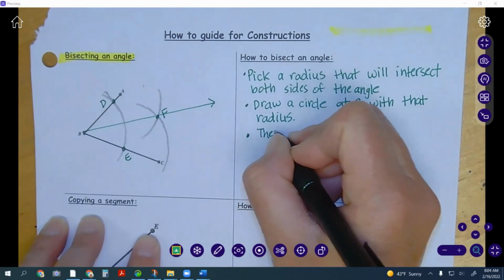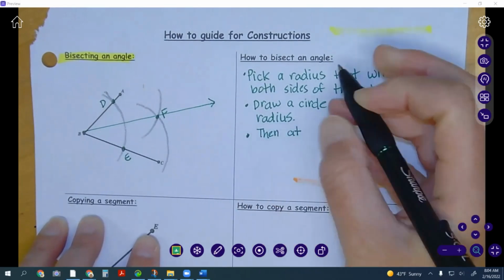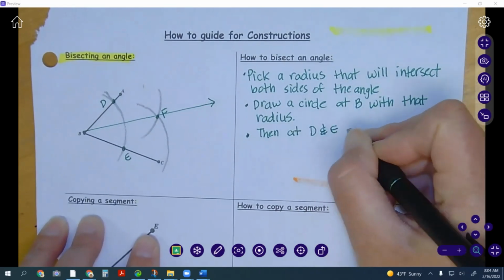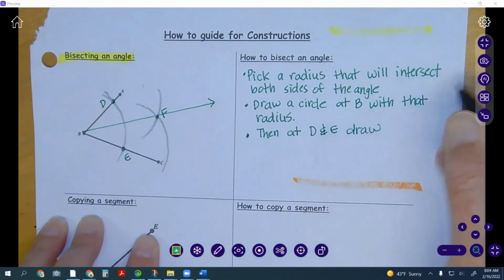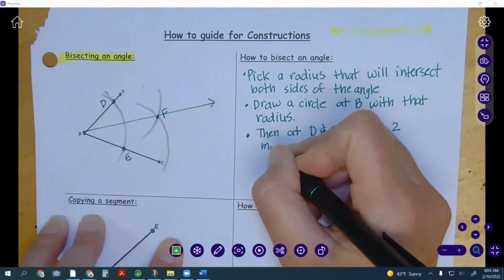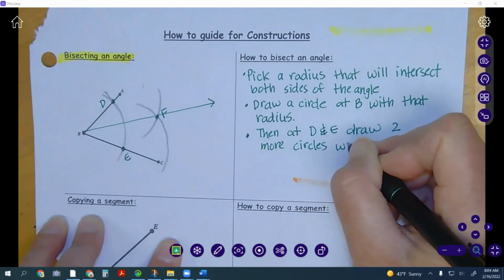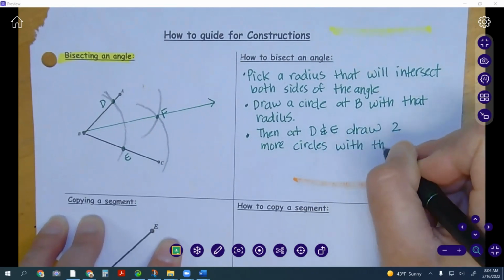Once I did that, it crossed in two places. Then at D and E, draw two more circles with the same radius.